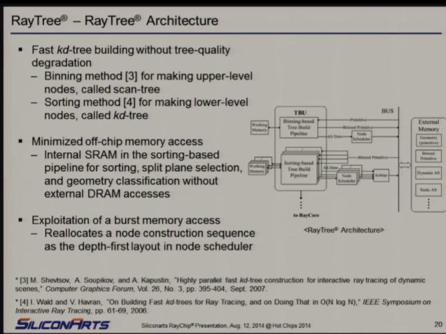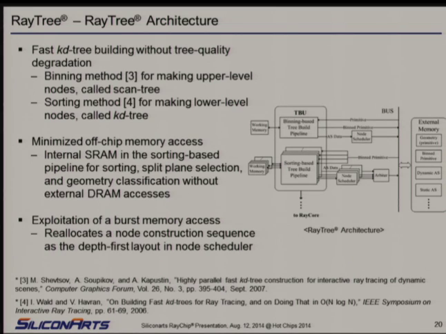For a sorting-based pipeline, we include internal SRAM. All data of the execution structure build procedure, such as sorting, split plane selection, and geometry classification, are maintained in the SRAM. This approach minimizes off-chip memory accesses.